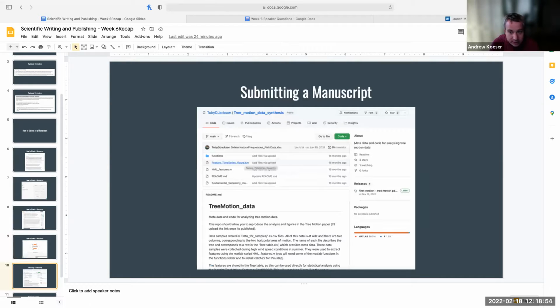Another thing for the really tech savvy folks out there is GitHub. So there's an article that I read right now where the authors showed how to make really cheap tree motion sensors for measuring tree sway. And they put all of the 3D printed files for printing the housings and all the documentation and videos for making these things on GitHub.